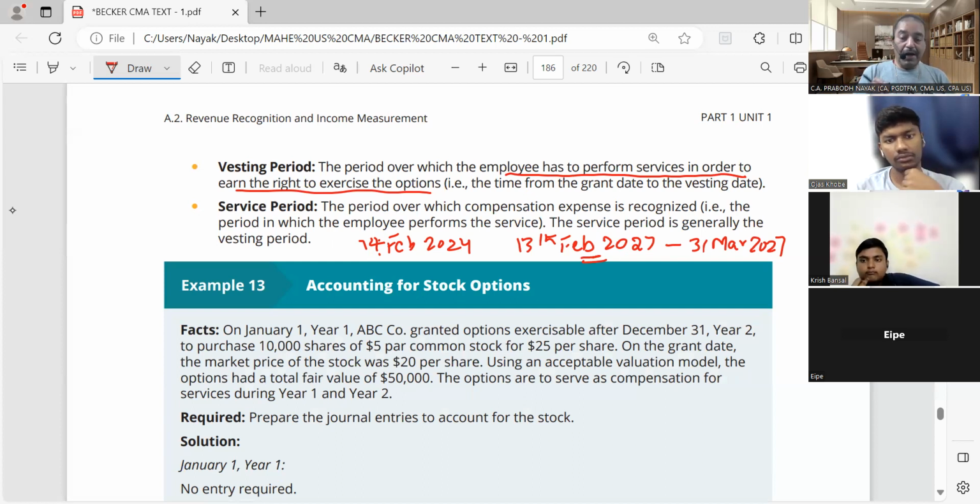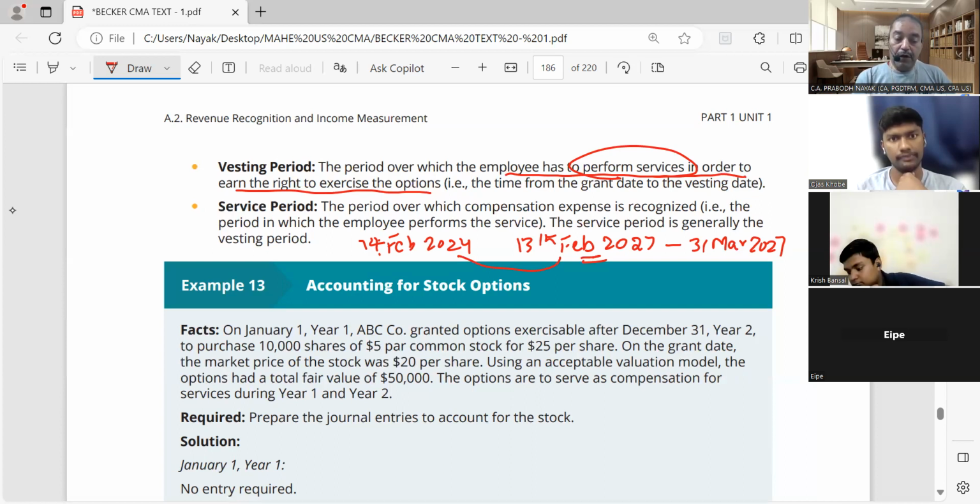If they say that at the end of 3 years my company should have a $3 million value, then at the end of 13th Feb, your company should have a $3 million value. Like that, the condition has to be satisfied. The performance of the services should be there during that period. That is the vesting period.